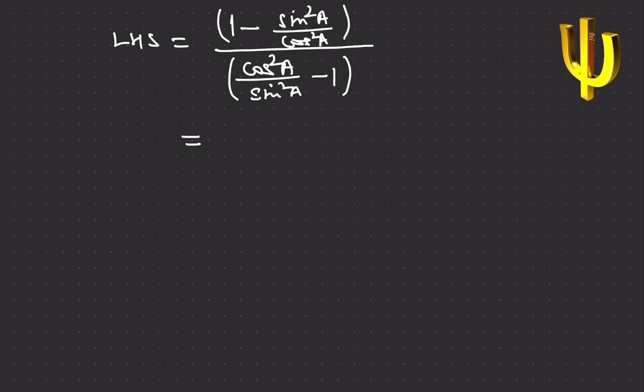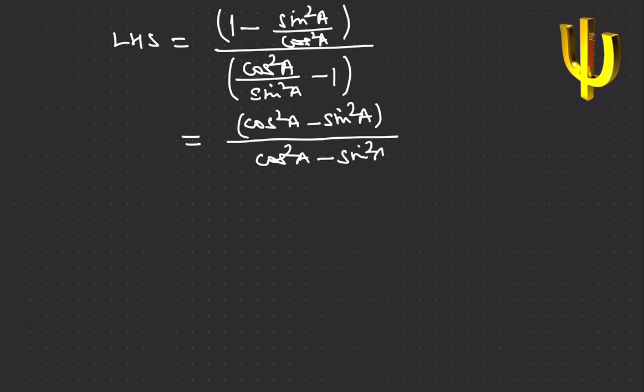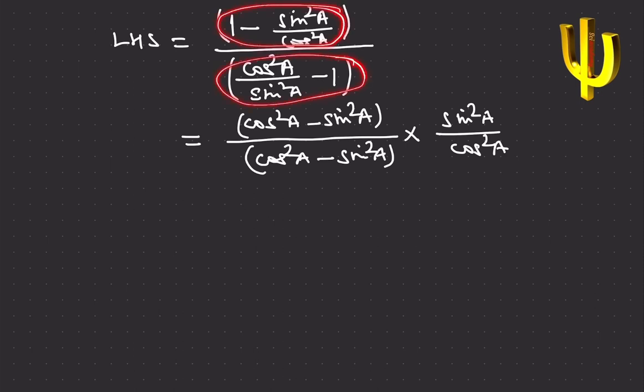Now after simplifying this, we get cos square A minus sin square A divided by cos square A minus sin square A into sin square A by cos square A. So how did this come? This comes because we have solved the numerator and denominator separately.